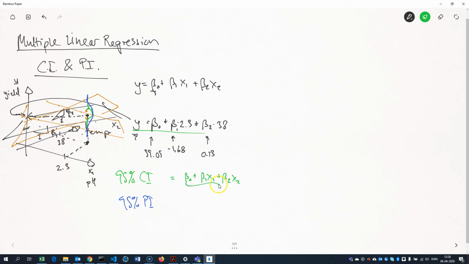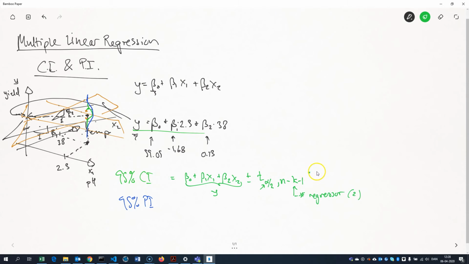Then we add and subtract some variation, which is a t quantile according to what confidence level we want to compute it at. That's alpha, and it has n minus k minus 1 degrees of freedom, where k is the number of regressors in our model. In our case, that's 2.